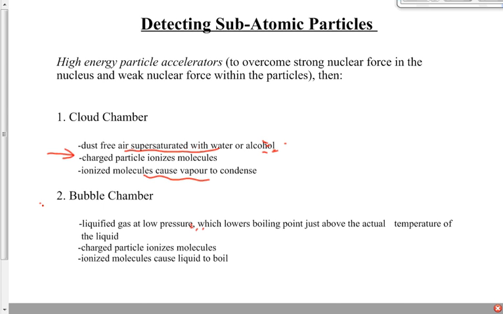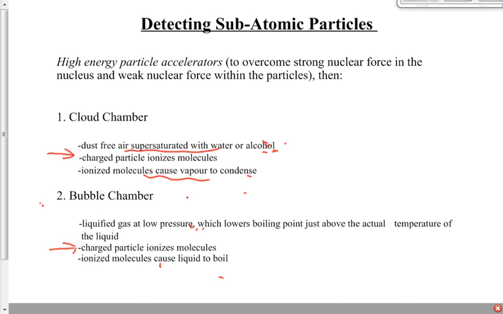Now, when we collide these protons or whatever, and the things come out of them, these little charged particles, the bolts that come out of the car as you collide the car, these charged particles ionize molecules, just like they did in the cloud chamber. But this time, instead of these ionized molecules causing the vapor to condense, instead of causing the gas to become a liquid, this time it causes the liquid to become a gas.